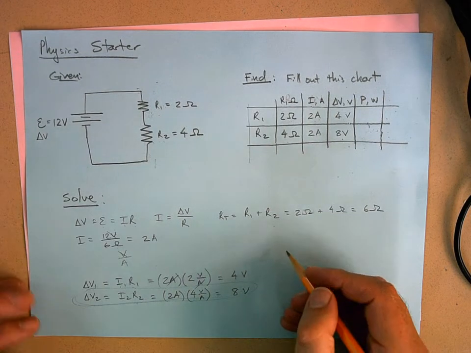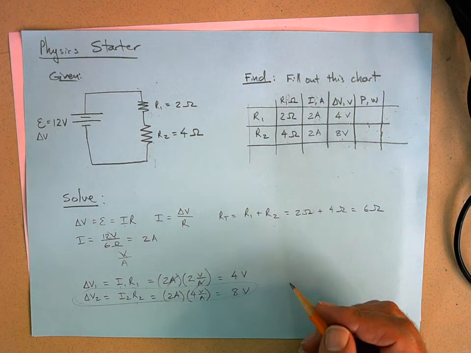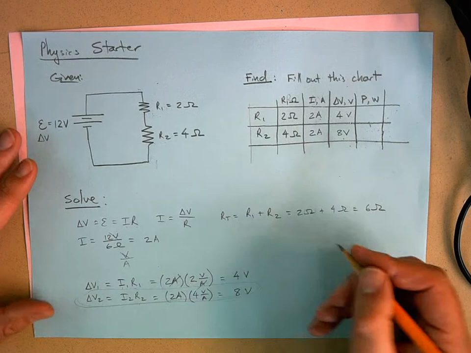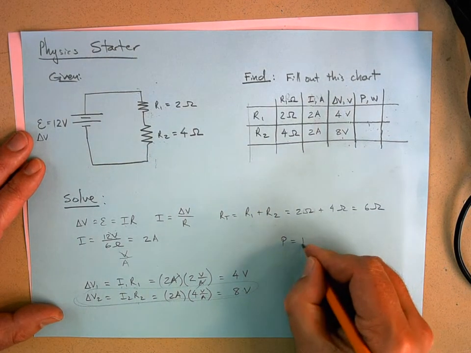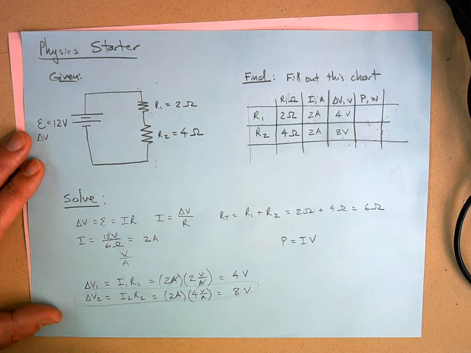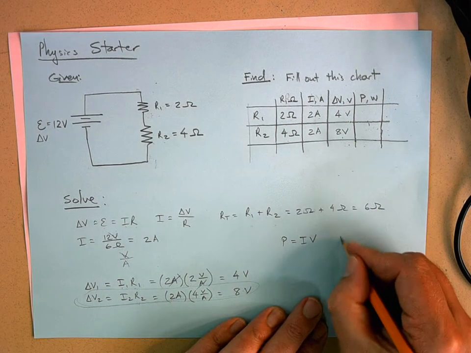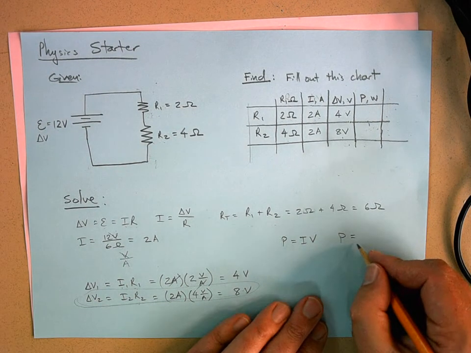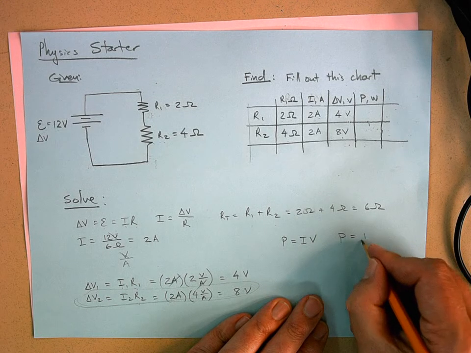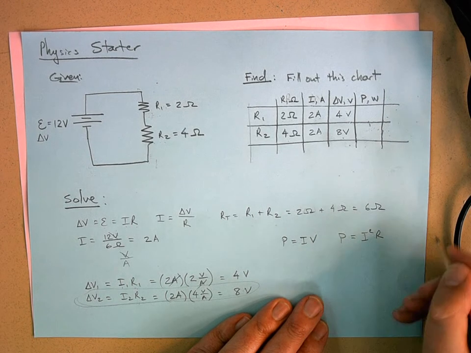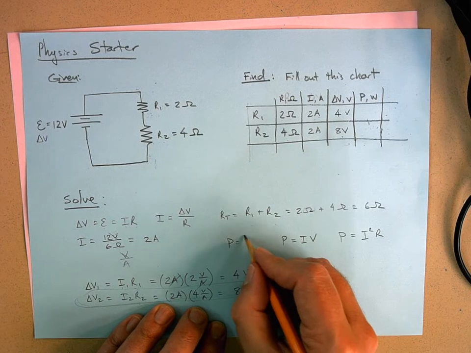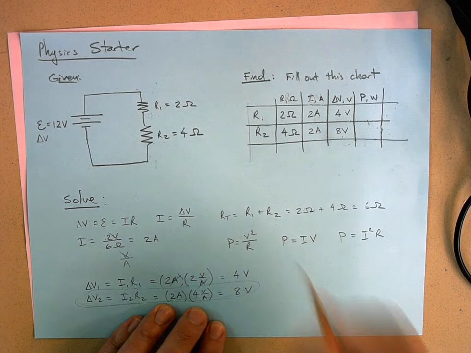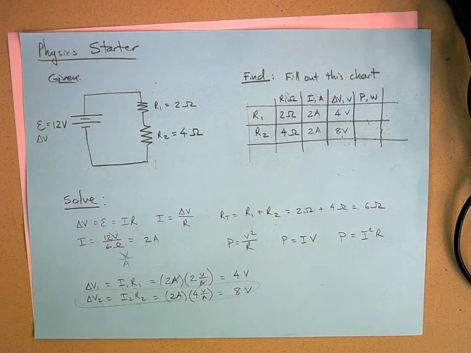Now, power. Well, there's 3 different power equations. The main one is power equals current times voltage. Or you can use power equals current squared times R. Or power equals V squared over R. And it doesn't really matter which one you use.